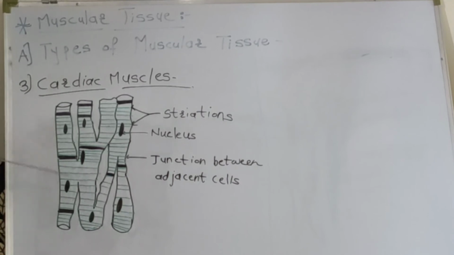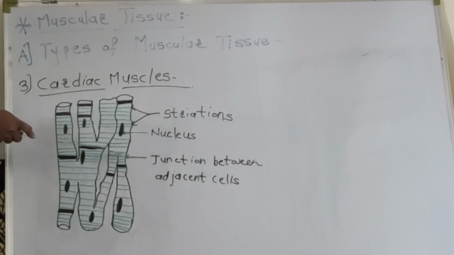Sarcolemma is the cell membrane, and sarcoplasm is the cytoplasm, and it is also called an intercalated disc. That means this junction forms a disc-like structure, called an intercalated disc.